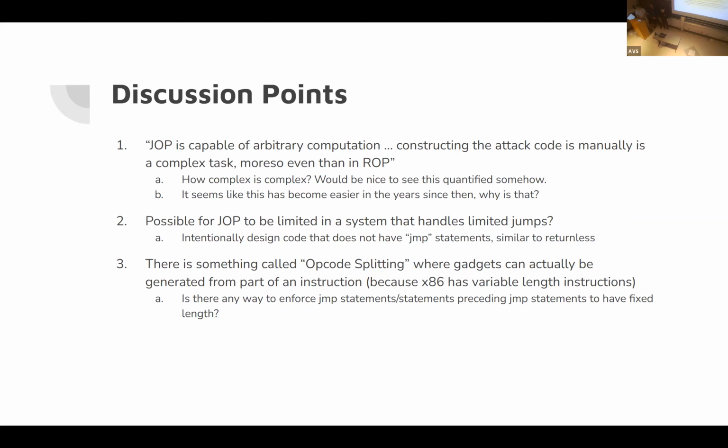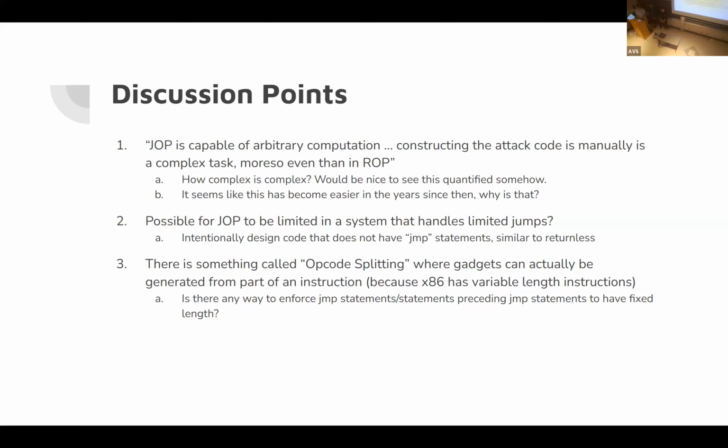But keep in mind that we always need to have indirect jumps in our programs: switch statements, function calls, if-then-elses, many of these use indirect jumps. So you cannot really get rid of indirect jumps in your programs, because that makes your life really hard as a programmer. It is what it is.